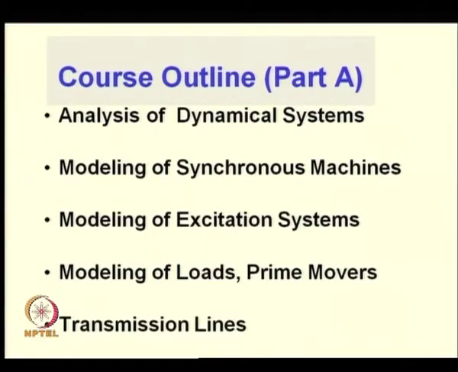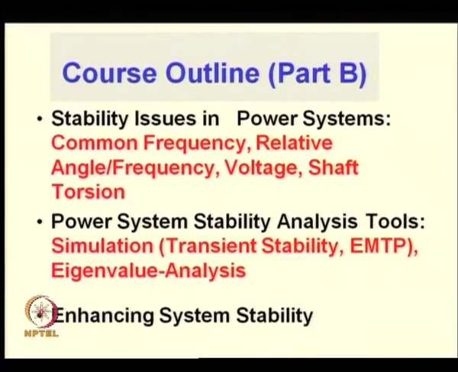Then we also discussed how you can model a transmission line. In part B of this course, we discussed several stability issues. One was the motion of common frequency, that is the center of inertia frequency of the system, which is in fact affected by the load generation balance in the system.